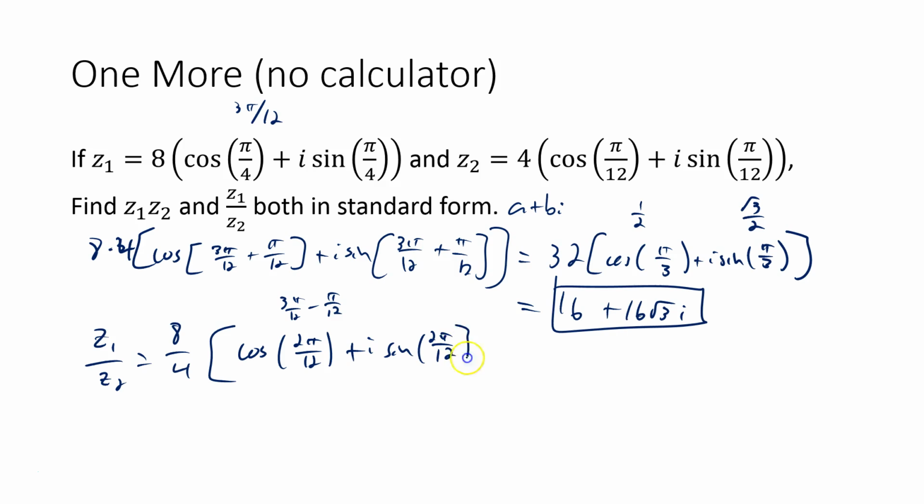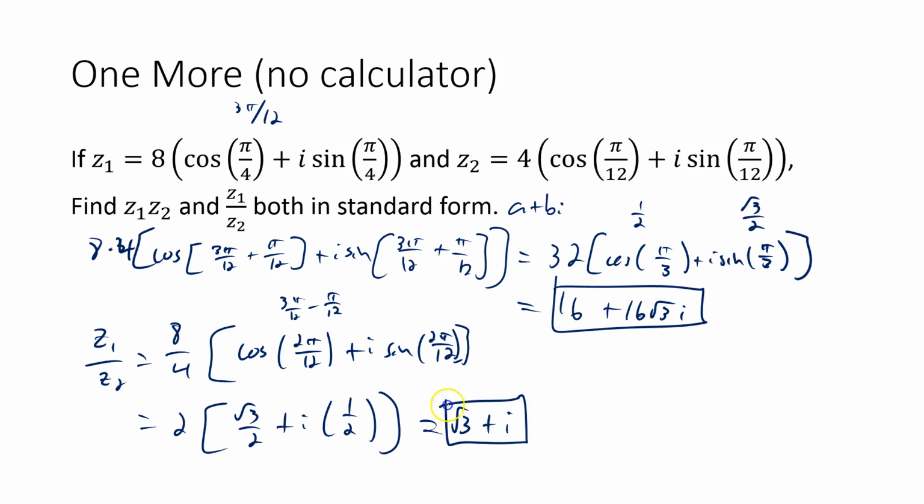Well, 2 pi over 12, of course, is pi over 6. So let's say we can do this in one step here. So 8 divided by 4 is 2. So this is cosine of pi over 6, which is root 3 over 2, plus I times sine of pi over 6, which is 1/2. Little unit circle there. The 2 is going to cancel from both, so we have root 3 plus I. Cool.